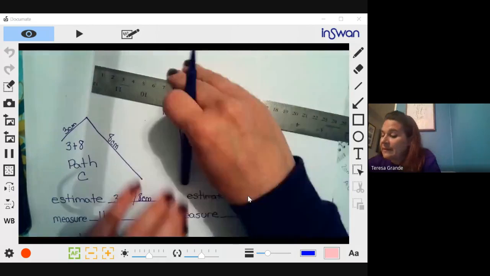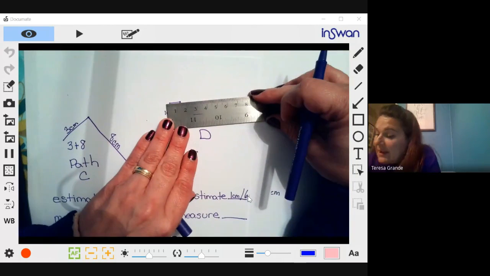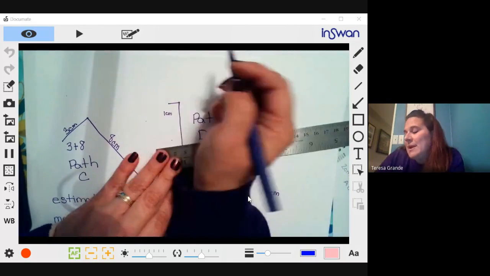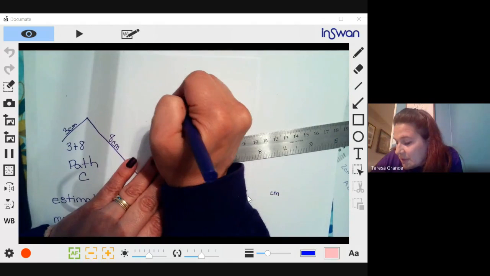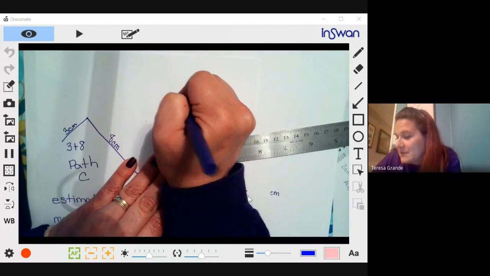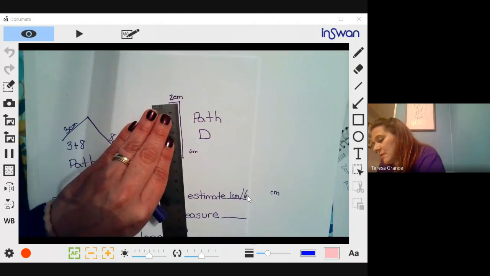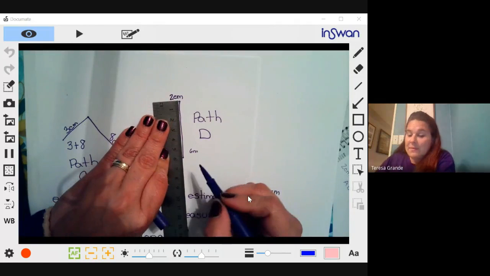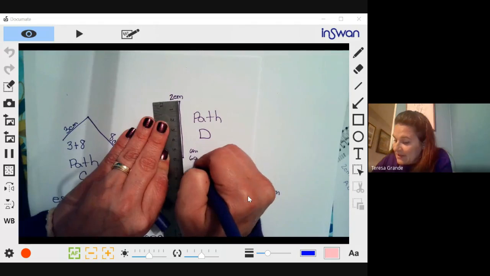Let's get out our ruler. And it's 1.5. Okay. So we can put 1.5, or we can just put 2. It's a little bit over 1.5. So we'll put 2 centimeters here. And our estimation was pretty good, guys, because it is 6 centimeters.